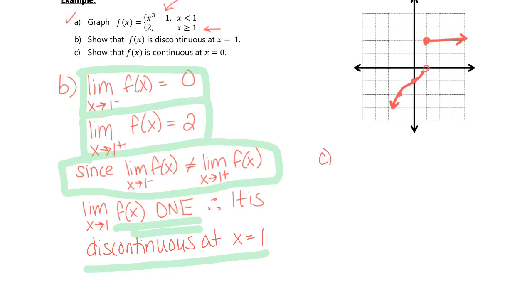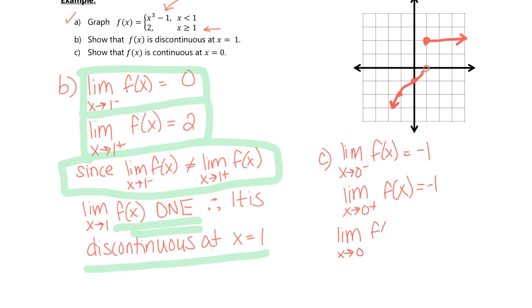Okay, so for question C, we're going to show that f is continuous at x equals 0. The limit as x approaches 0 from the left of our function is equal to -1. The limit as x approaches 0 from the right of our function is equal to -1. The limit as x approaches 0 of f at x is equal to -1 and exists.